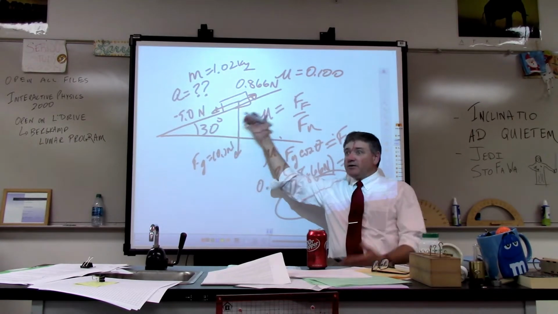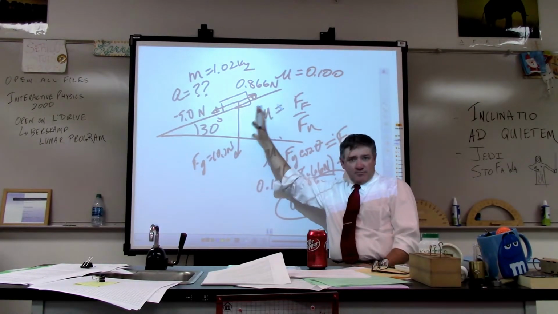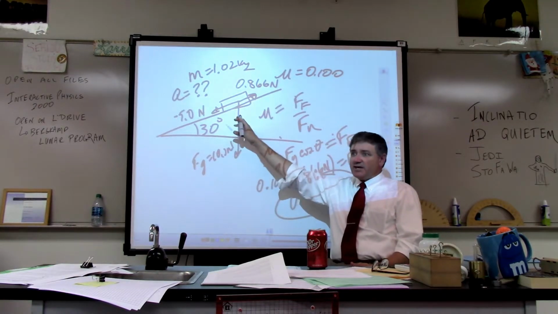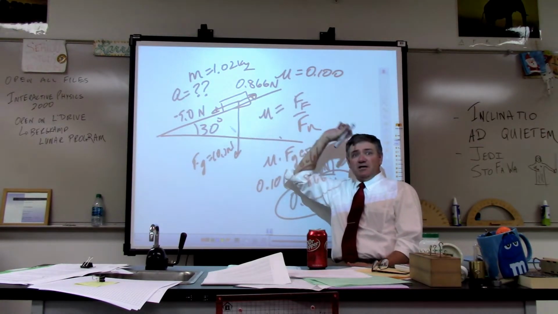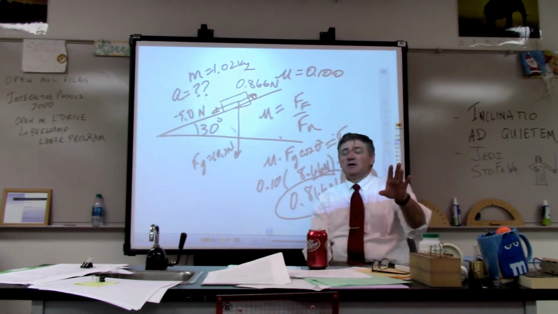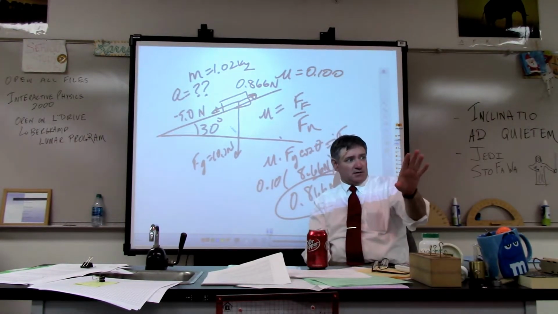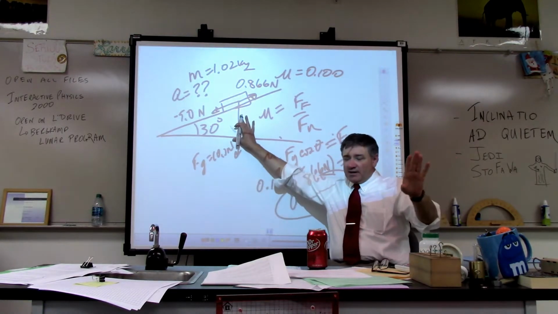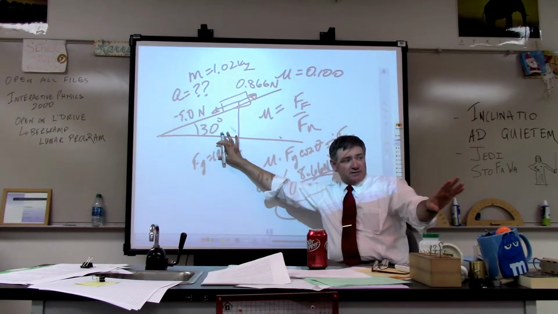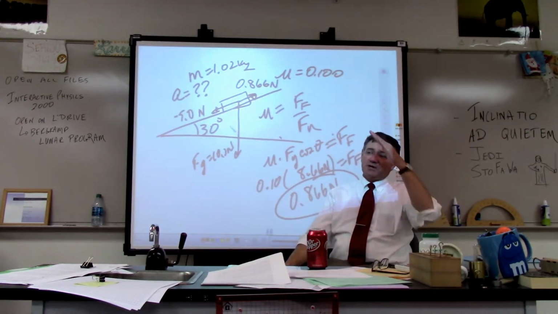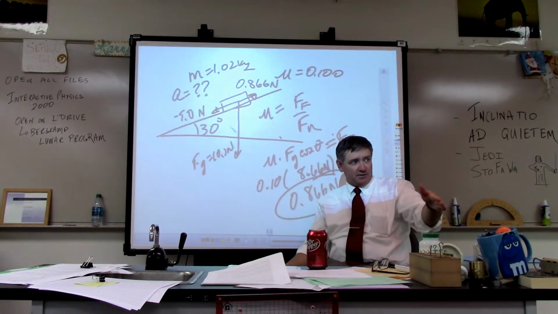If you're a downhill skier, you live by this relationship. Because on the ski slope, everybody's going to end up with the same theoretical acceleration if it's a frictionless surface. Downhill skiing, like in the Olympics, is nothing but an application of force parallel. Everybody has the same theoretical acceleration because everybody's on the same inclined plane.